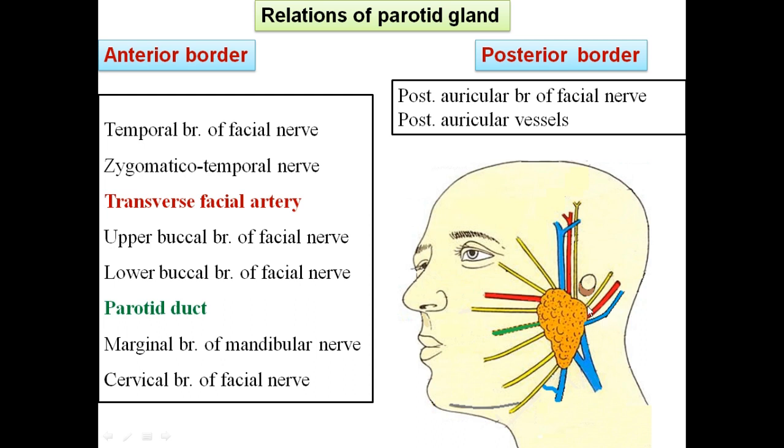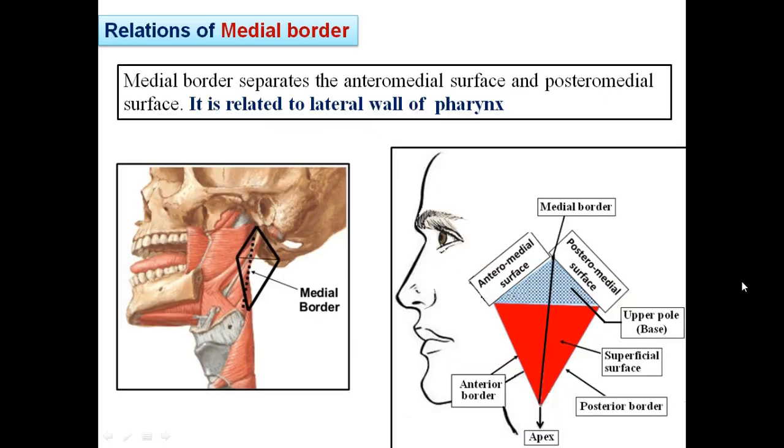The posterior border is related to the posterior auricular branch of the facial nerve and posterior auricular vessels. The medial border divides the anterior-medial and posterior-medial surfaces, and it is related to the lateral wall of the pharynx.